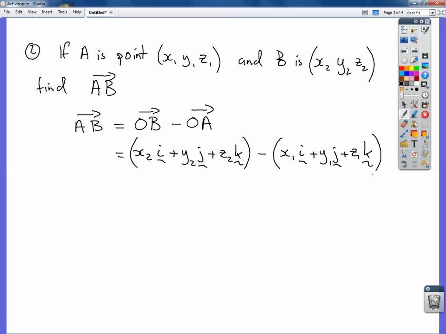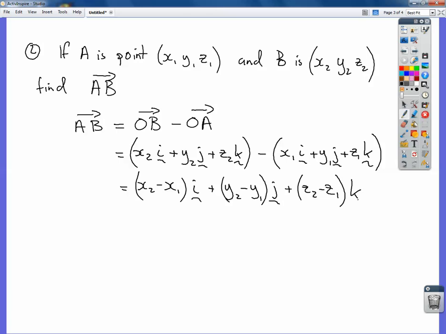Remembering my tildes for the vectors, well, x becomes x2 minus x1 times i, y2 minus y1 times j, and z2 minus z1 times k. So that's our general rule for finding the position vector in three-dimensional space.